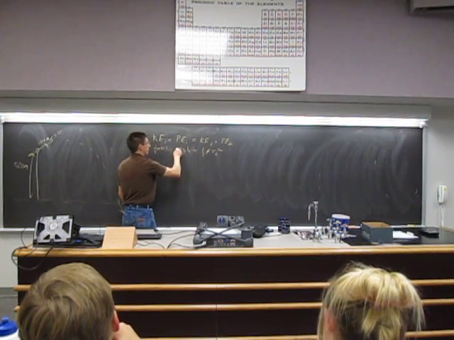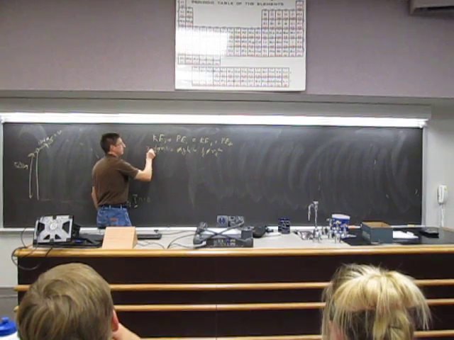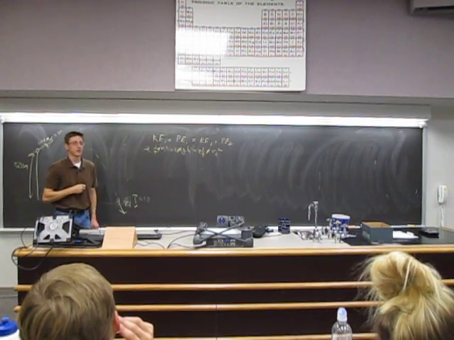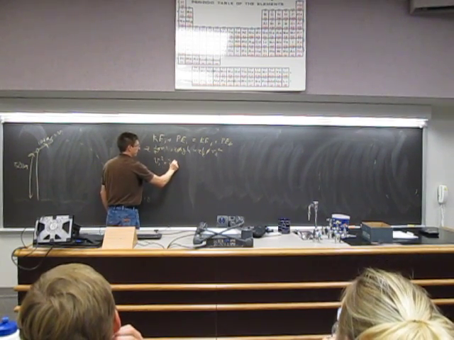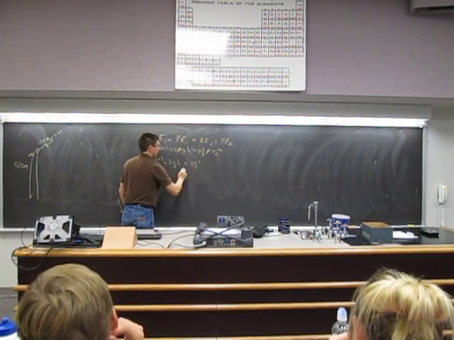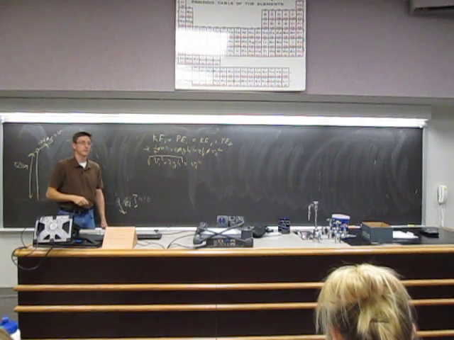I can divide through by the m and multiply through by the 2. Same thing we had before, and we get that v initial squared plus 2gh is equal to v final squared. Take the square root of both sides. That's your formula.